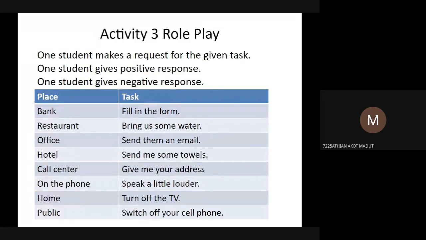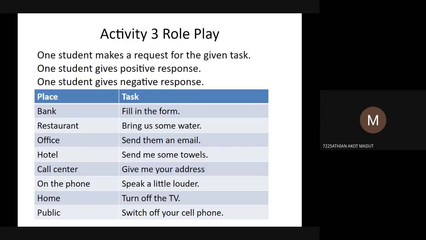And the receptionist also asked the person, "How may I help you?" The person replied, "I would like to open my bank account." Then the receptionist replied, "All right, fill in the form."